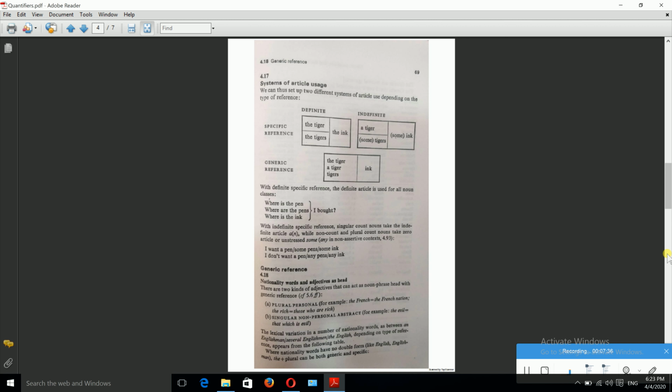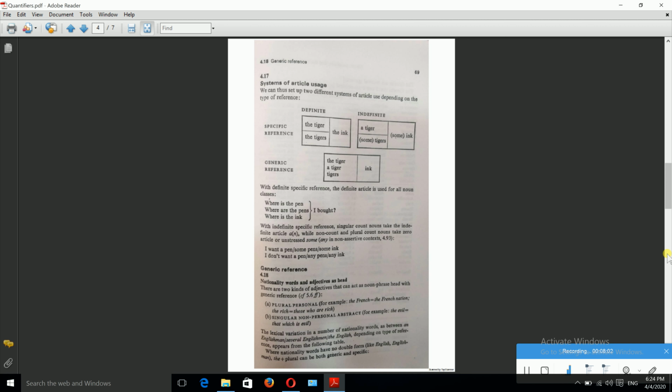Singular non-personal abstract, for example, the evil, that which is evil. The lexical variation in a number of nationality words, as between an Englishman, several Englishmen, the English, depending on the type of reference, appears from the following table.